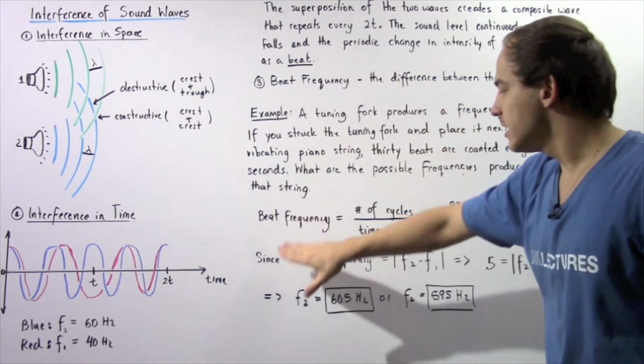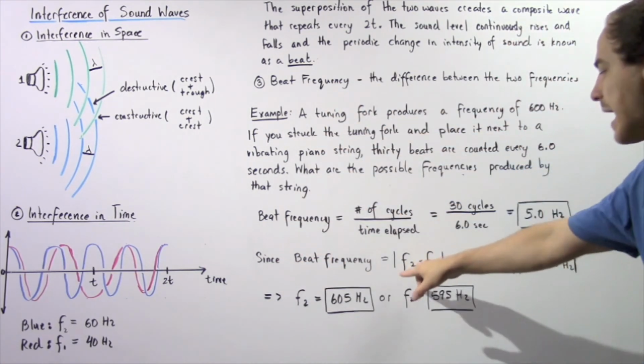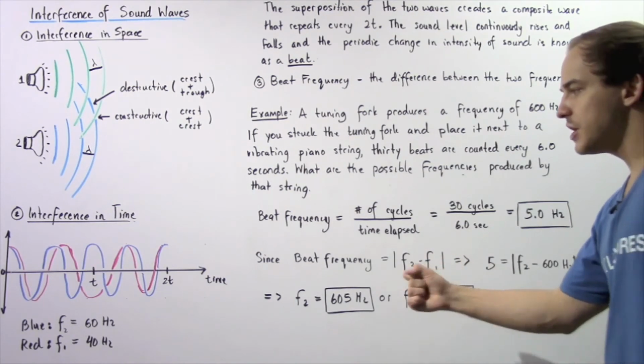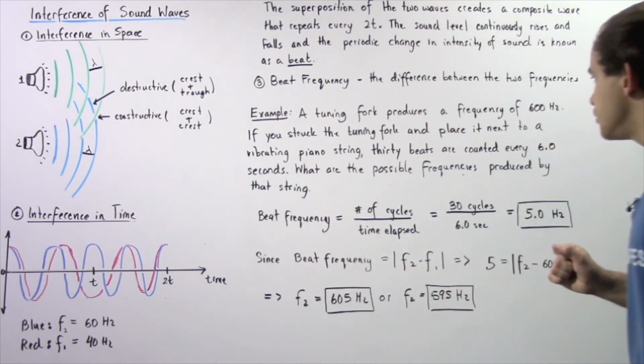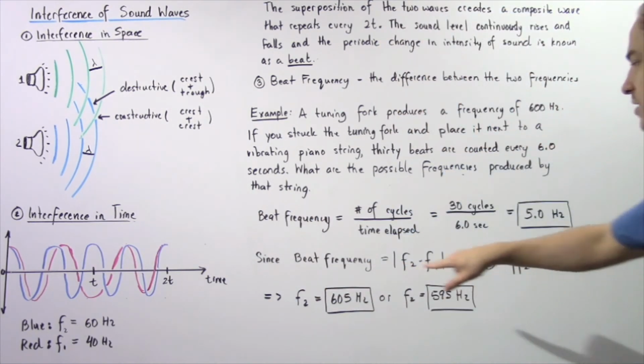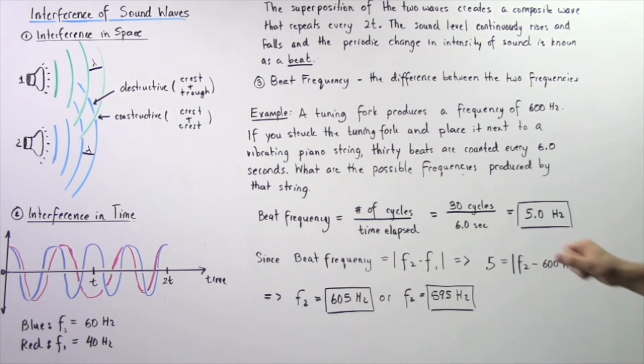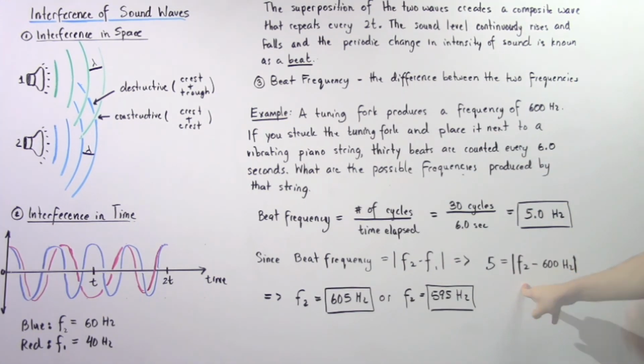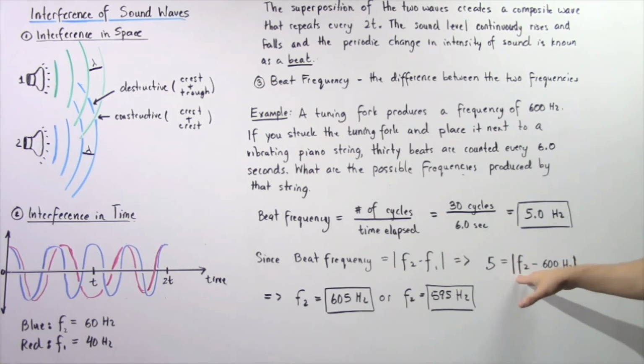Now we defined the beat frequency to be the absolute value of the difference between our two frequencies. So we know that the beat frequency is 5. We know what F1 is. That's simply 600 hertz. So we have to find what F2 is. Now, two possible values for F2 fit this equation.